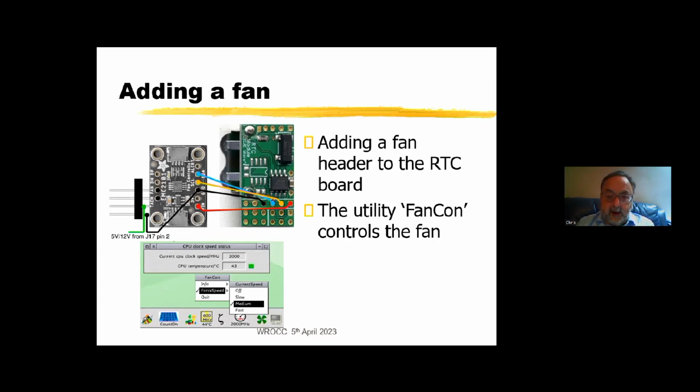So if you look at the diagram there, if you put some flying leads onto the unused header on the real-time clock board and connect it to the Adafruit board and put together a 4-pin header, 2 pins soldered onto the board and 2 with flying leads, you can produce a 4-pin fan control header that RISC-OS can see because it sits on the GPIO pins.